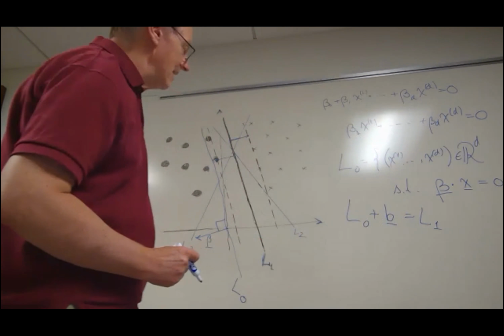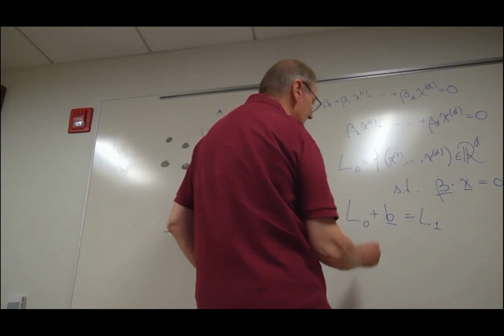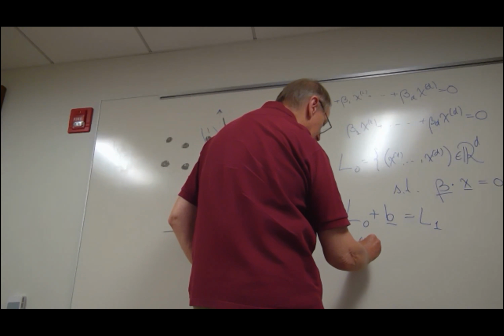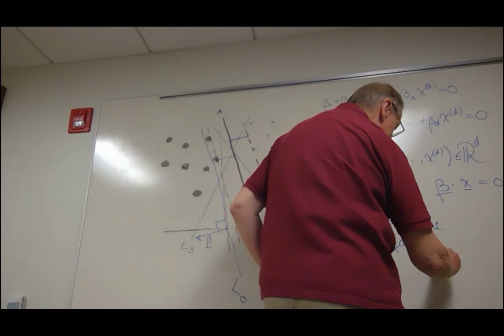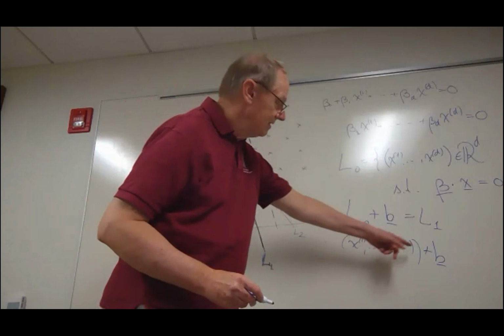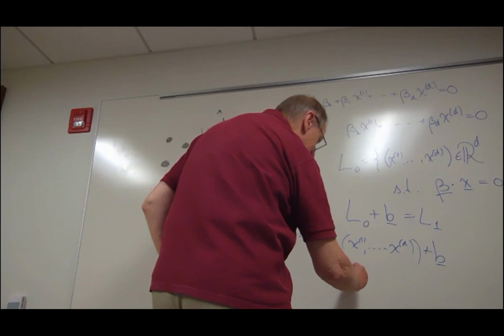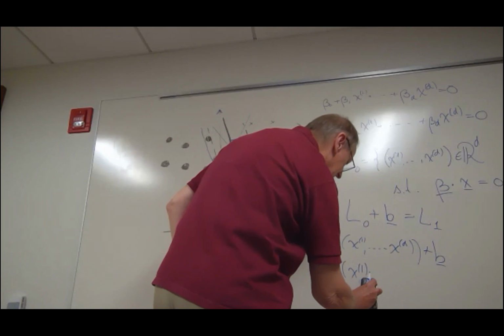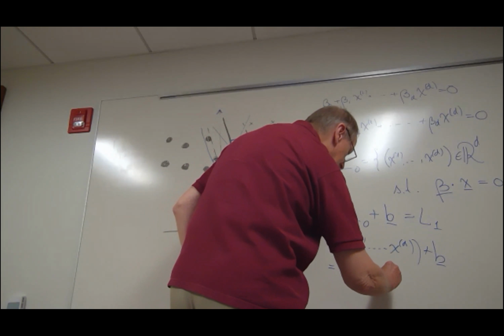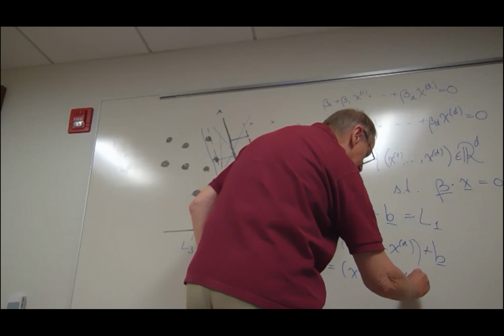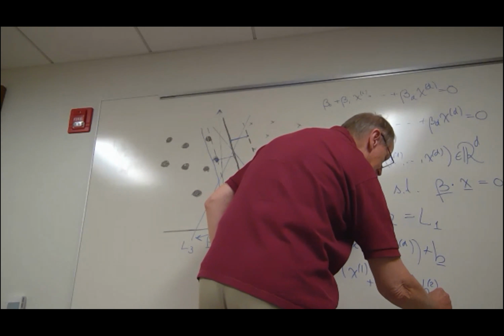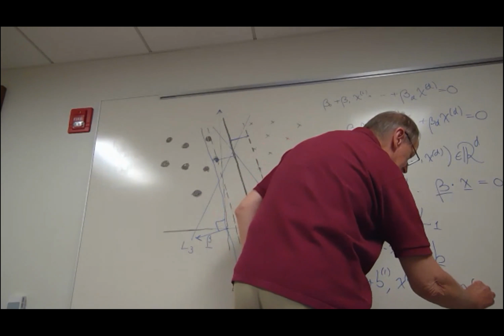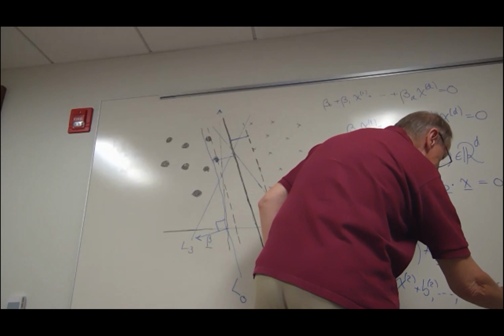And so what is L1 here? Well, that'll be things of this form. It'll be some point x1 up to xd, where this point is in L0, plus some vector b, and that just means adding some component to each of these, so that'll be something of the form x1 plus b1, x2 plus b2, up to xd plus bd.